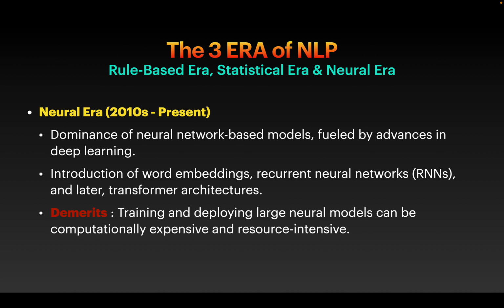The demerit of the neural era is that training and deploying large language models can be computationally expensive and resource intensive. Even so, after 5 or 10 years this may not be an issue, because technology changes so fast.